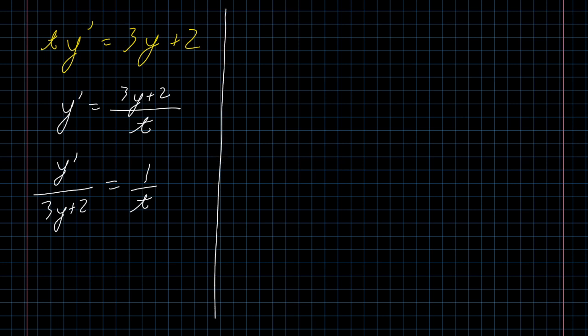Now, I can integrate. The integral of y prime dt over 3y plus 2 is equal to the integral of dt over t. Right. This time I really do need a u substitution.